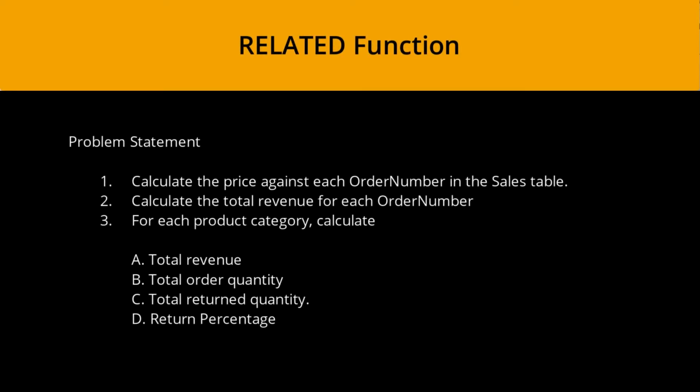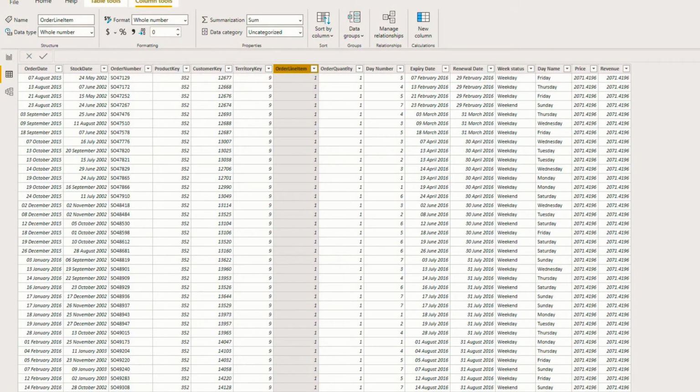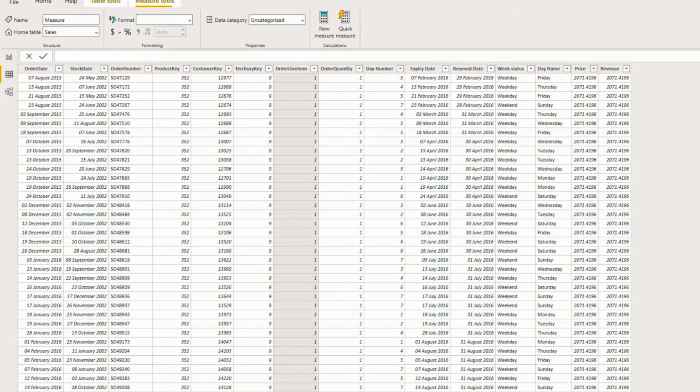Now let's move on to the third part. So the first one is, for each product category, calculate the total revenue. So for total revenue, we will add a new measure, and I will call this total revenue.